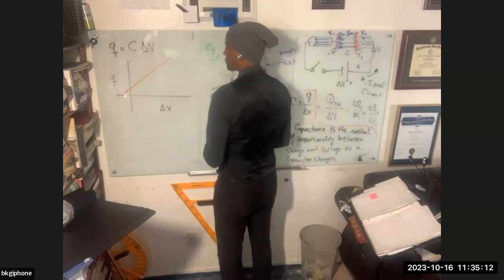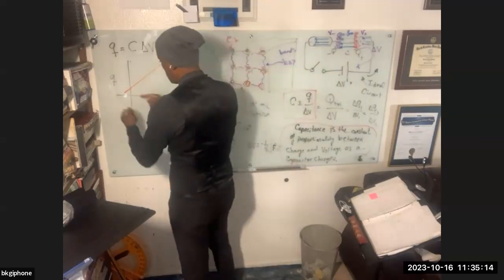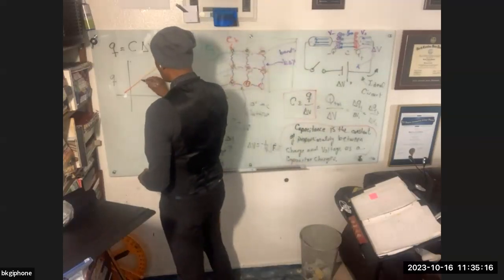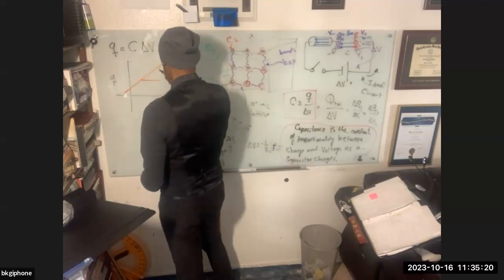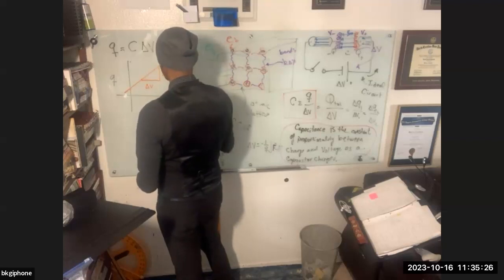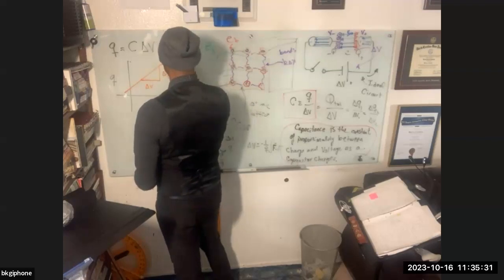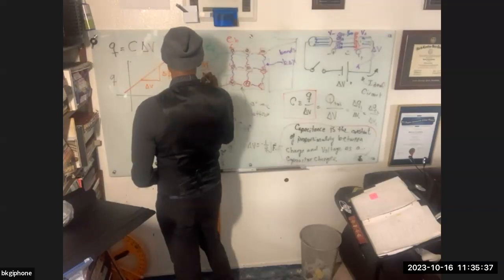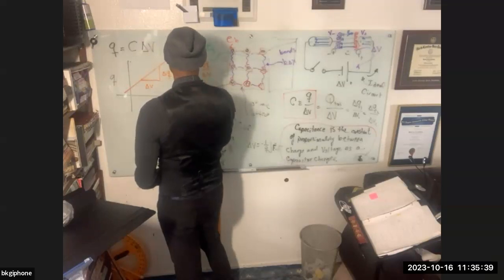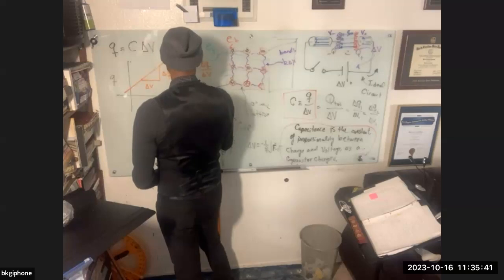There are a couple of different things you can do, but the point is that if you assume charge is the dependent variable, then the slope of the curve, you can see it here, this is delta V, and this is delta Q. So the slope of the curve is going to be C, the capacitance. So slope is equal to delta Q over delta V, and that slope M is equal to the capacitance.